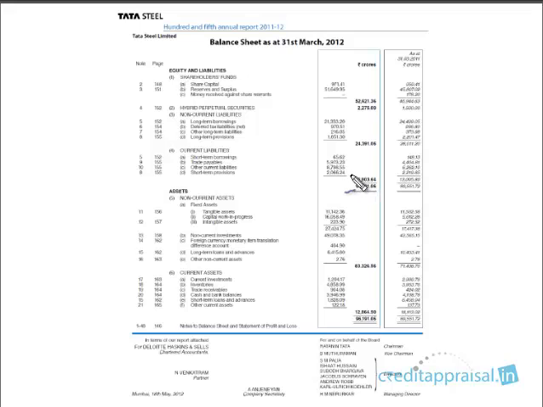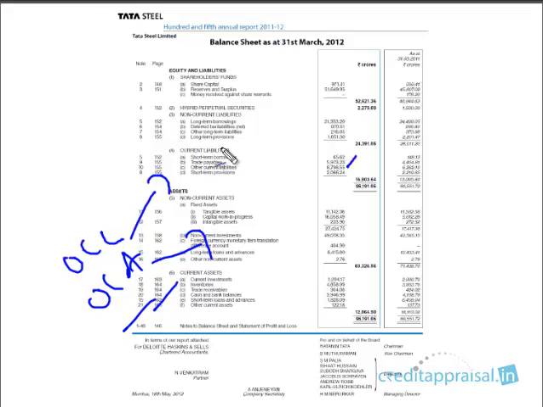Next item is 8798 crores, other current liabilities. Whenever you have items like other current liabilities or other current assets, make it a point to go to the schedule and see the breakup. Don't just put it under other current assets, because in CMA you have an entry for other current assets and other current liabilities, and those entries are for where you don't know the exact nature of the items. It's like a miscellaneous entry.